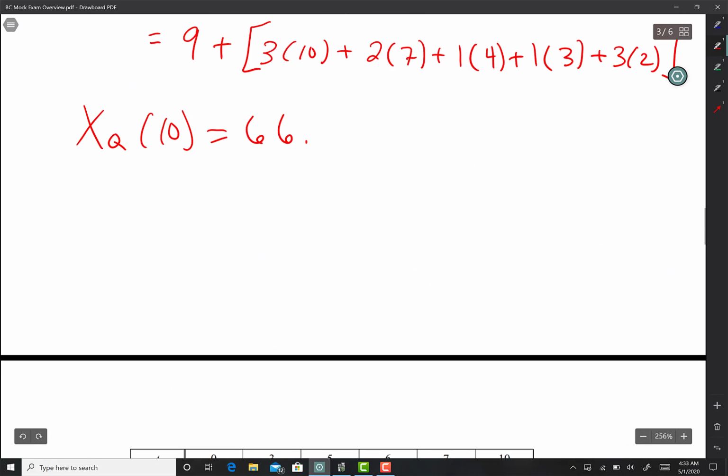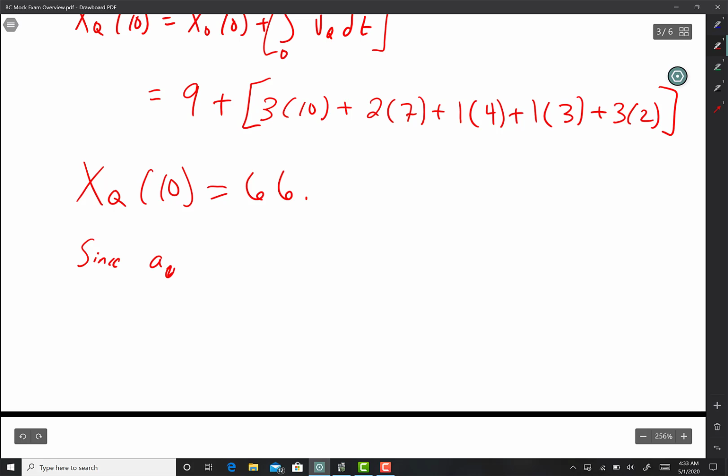So I'm going to state why. So I'm going to write since acceleration a of q. A of q. I always forget that it's capital Q, not little q.